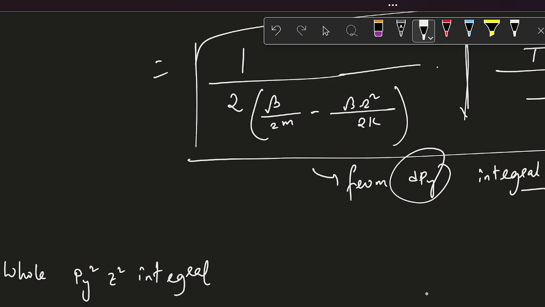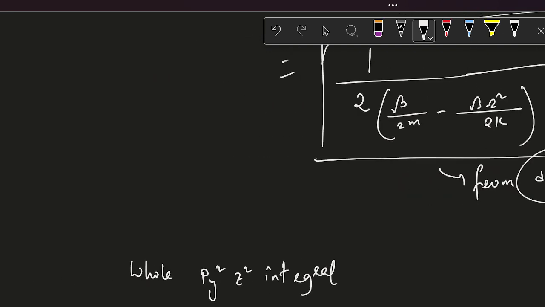So let us write it down. It is 2π by βk to the power 3 by 2 into 1 by βk into root over 2mπ by β into this part. So this is 1 by 2 times β by twice m minus β ω squared by twice k into π by β by twice m minus β ω squared by twice k.